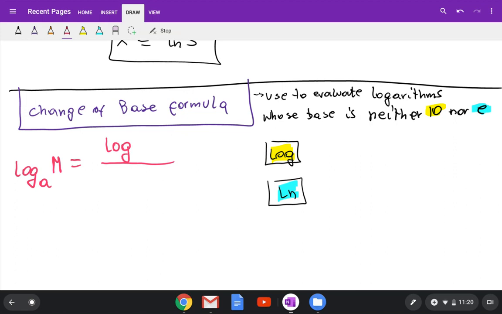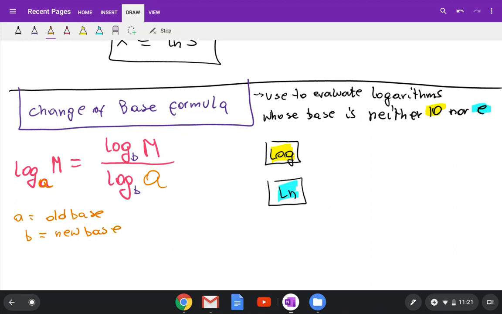So I'm going to put b as the new base, log base b of the same expression m, over log base b, the new base, and here the expression will be the old base, a. So a is the old base, and b is the new base.